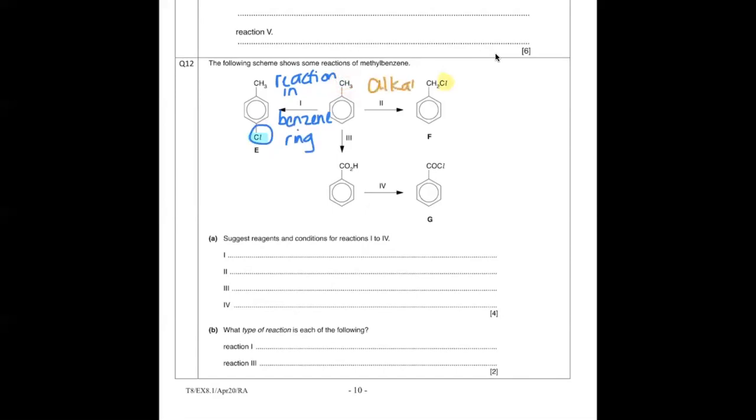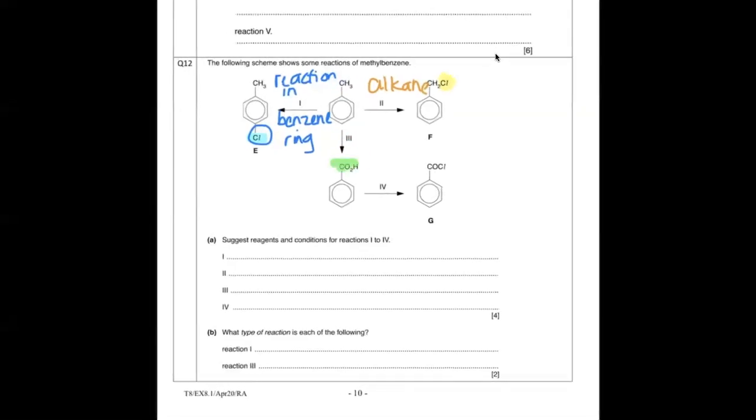Basically, you are substituting one of the hydrogens in the alkane with chlorine. Okay, so that's your AS stuff. Route number 3. Okay, we go from a methylbenzene onto a benzoic acid. So that means changes have been done here. Okay, CH3 to COOH. Now this is the reaction of an alkyl arene.